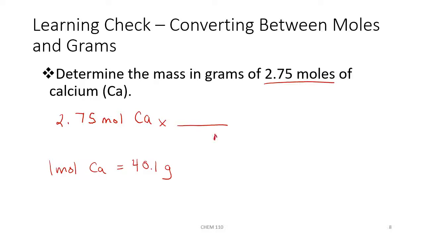So this time we're going to have to put units of moles in the denominator and units of grams in the numerator. And according to the periodic table, 1 mole is 40.1 grams. Our moles will cancel in this example, and we'll be left in units of grams, which should be about 110.3 grams of calcium.